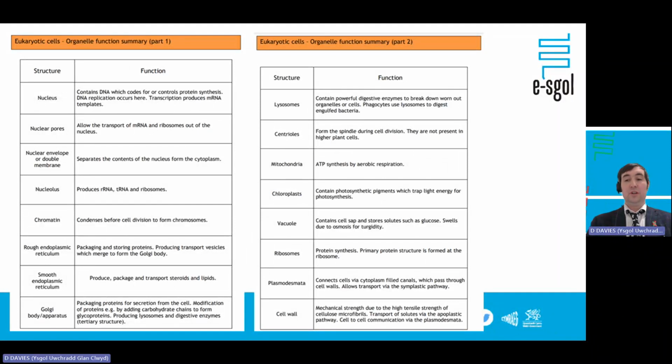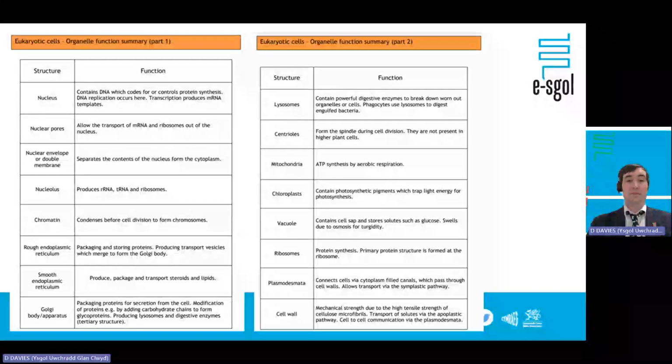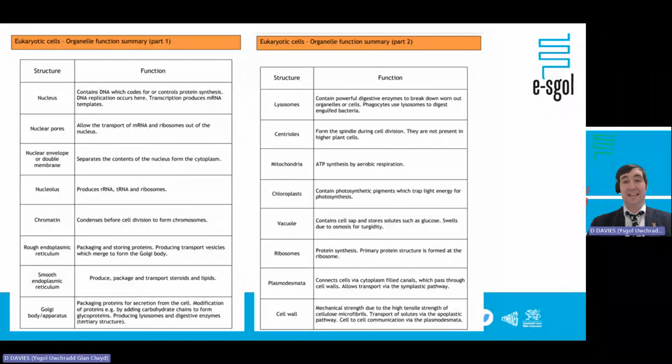So you can no longer say the nucleus is the brain of the cell. It's a very key stage 3 answer. It contains DNA, contains genetic material, replication occurs, protein synthesis occurs. That's the level of accuracy and detail that you require for marks at AS level.